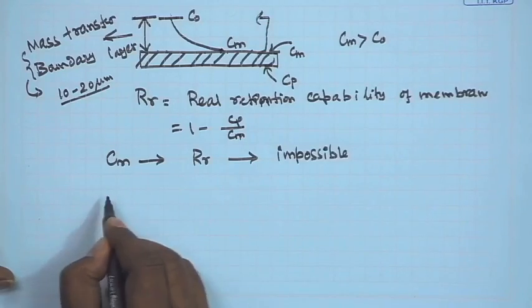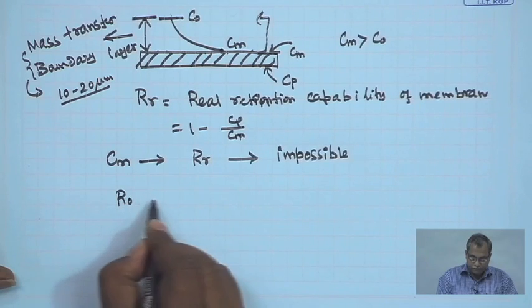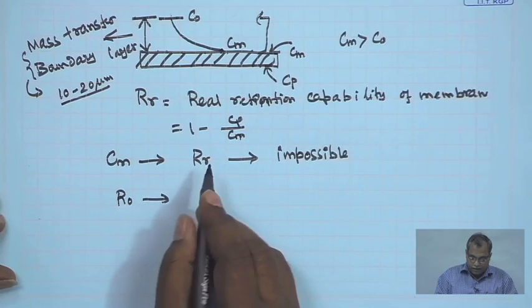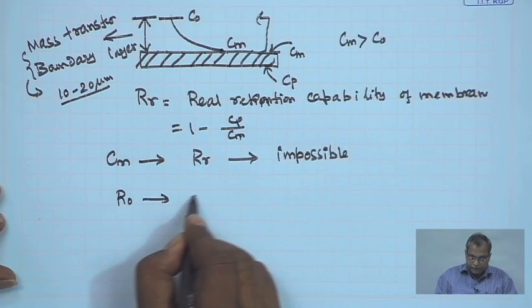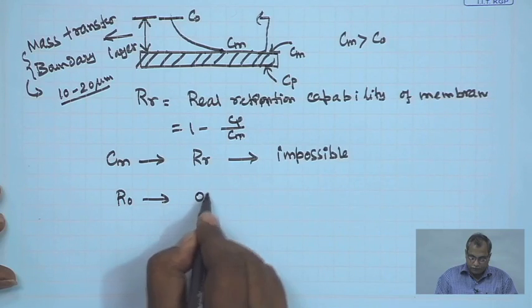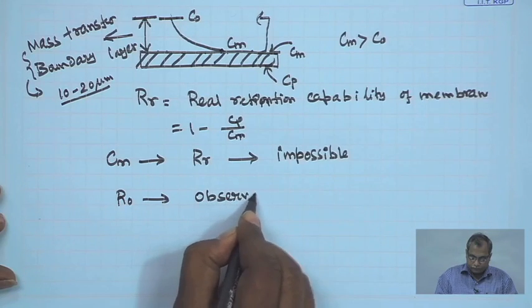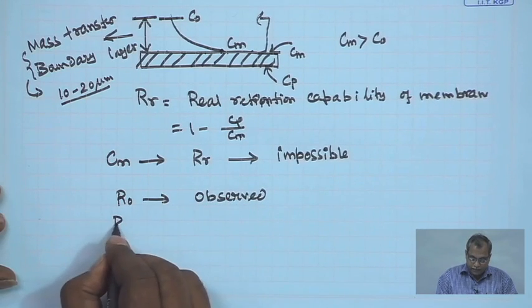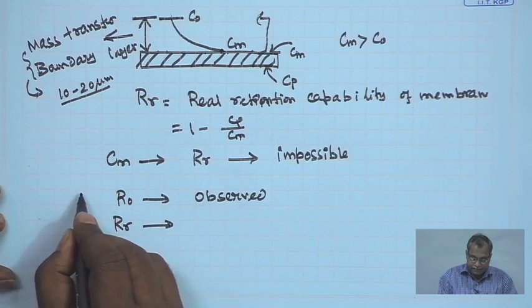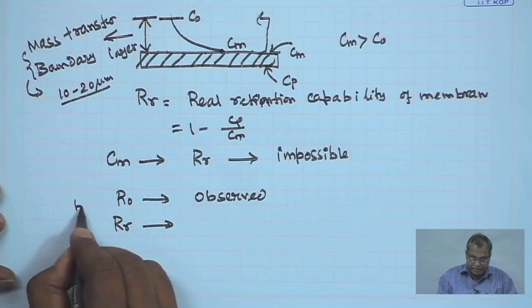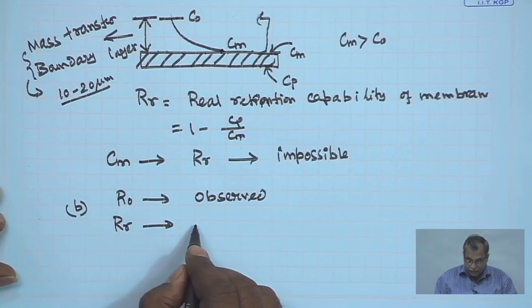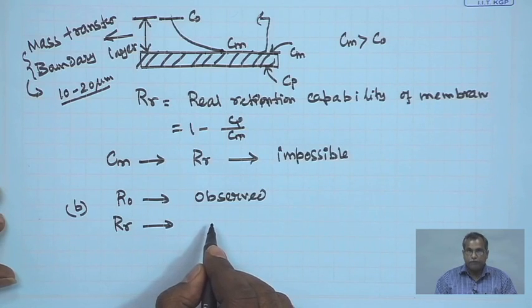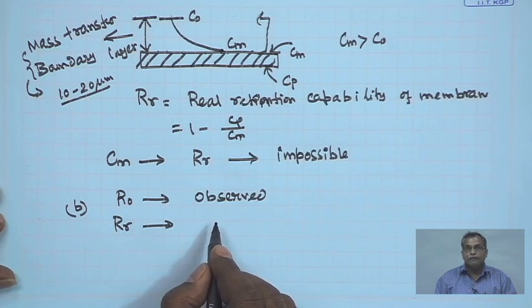Second difference is that observed retention is basically what is observed. On the other hand, real retention indicates the actual removal capability of the membrane towards the solute, the actual selectivity of the solute and the membrane.